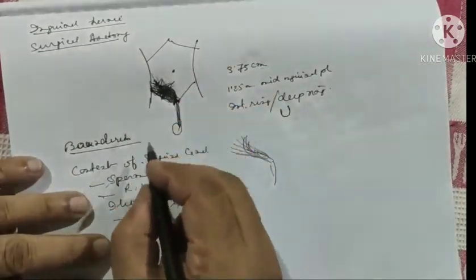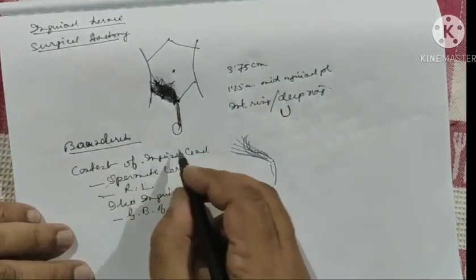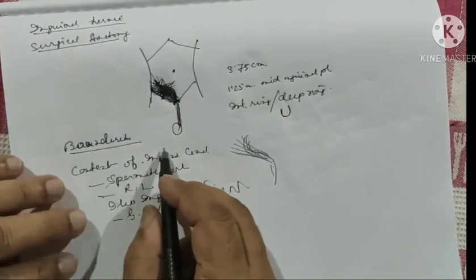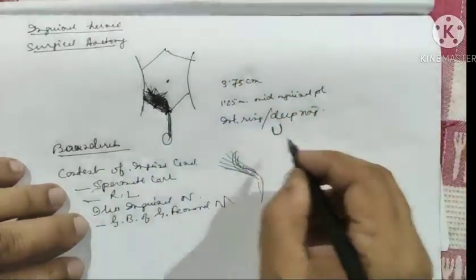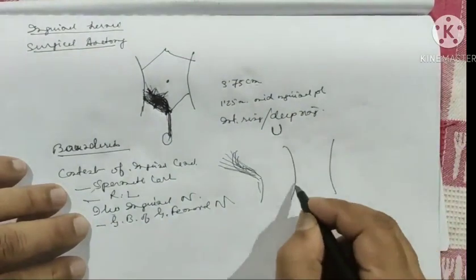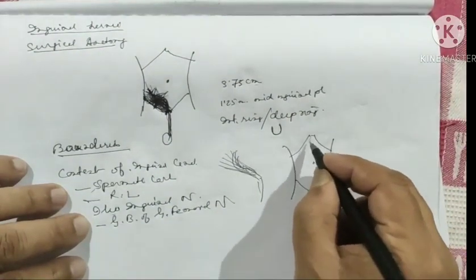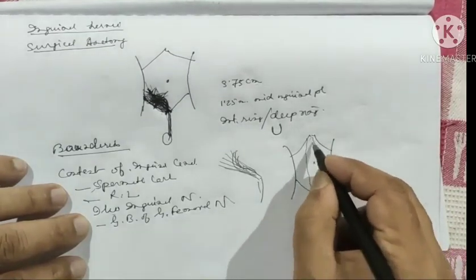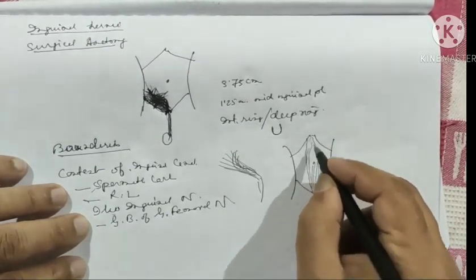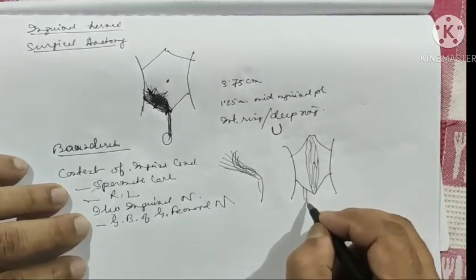Now this is the hernia boundaries, that is, the surgical anatomy of the inguinal canal. See, these are the rectus abdominis muscles, and here is the femoral artery.